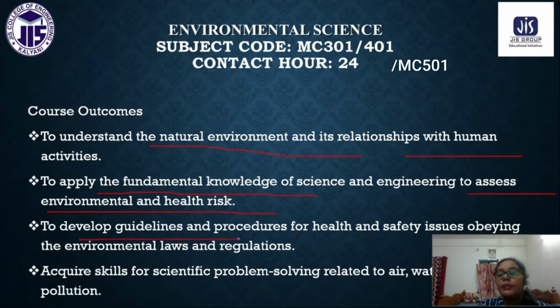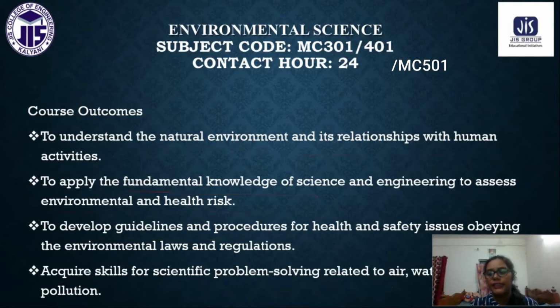You can develop some guidelines and procedures and also maybe equipment for the safety of health, obeying the environmental laws and regulations. And after this course, you can acquire the skills of scientific problem solving related to air, water, sound pollution. So these are some of the course outcomes that we have.